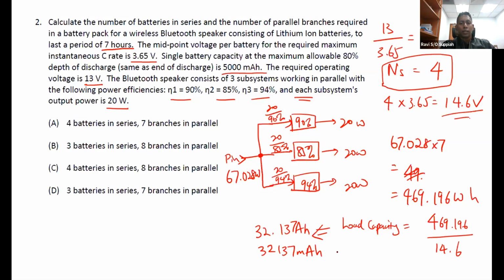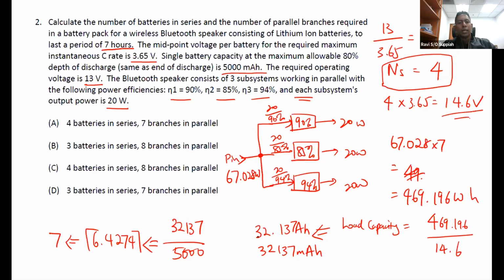So the last step is to take this total amount of load capacity required and divide by 5000. So 32137 divided by 5000 will give me 6.4274. Again, I take the ceiling of it and I will get 7.